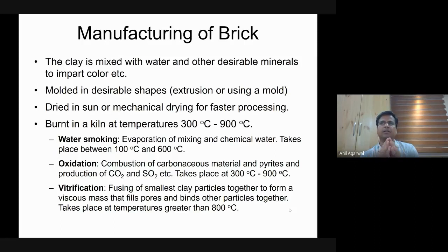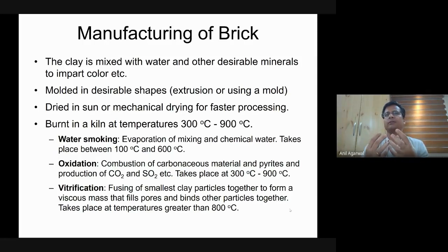Then after 800 degrees centigrade, the most important step takes place, which is vitrification. What is vitrification? As I described before, these small silica particles, these are clay particles, these are sand particles, once they heat to a certain temperature, about 800 degrees centigrade, and they are touching another particle, they start to fuse together. Okay, these are not really molten.